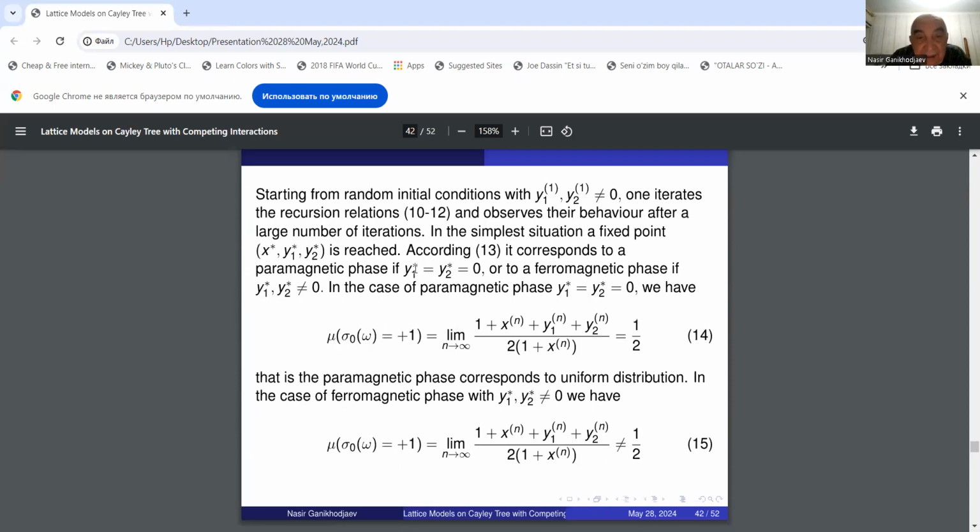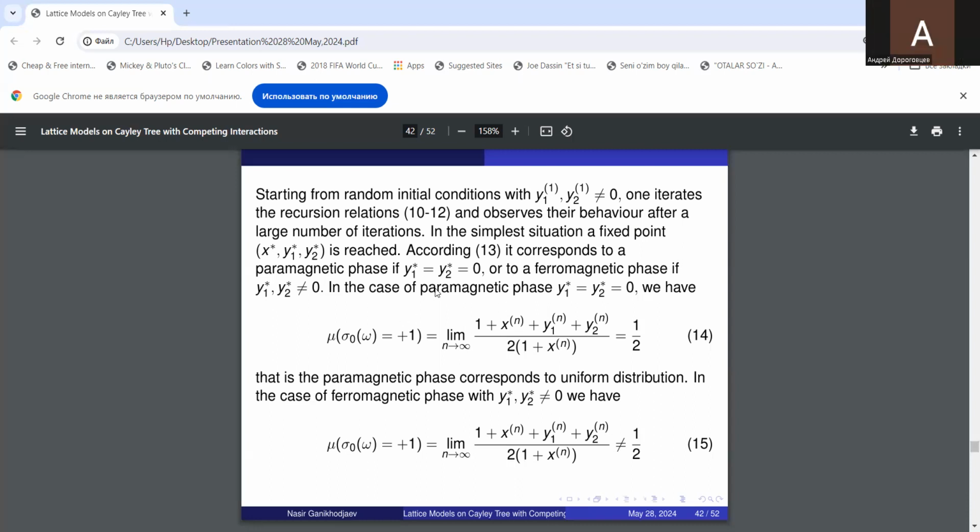If we reach a fixed point, and if y1, y2 equal 0, this means we will have in the limit the paramagnetic phase, because magnetization will be 0. And if y1 or y2 are different from 0, then this phase will be exactly the ferromagnetic phase.